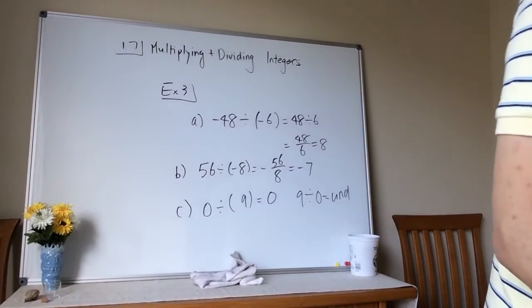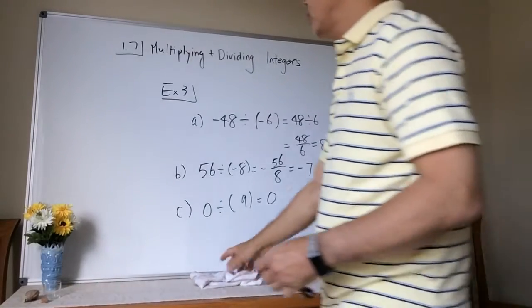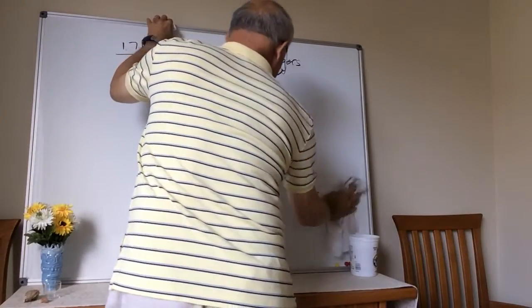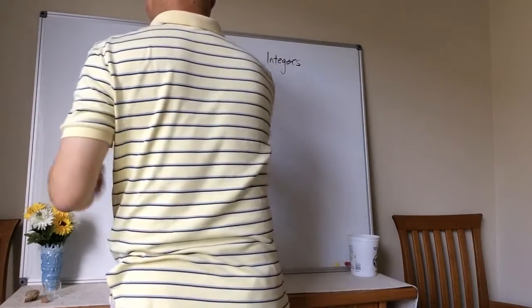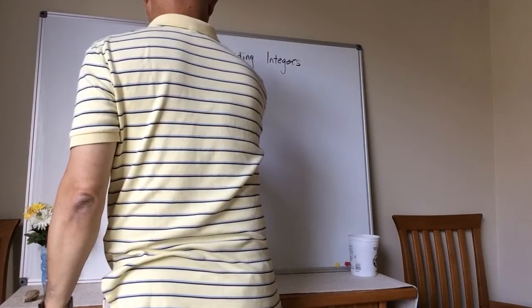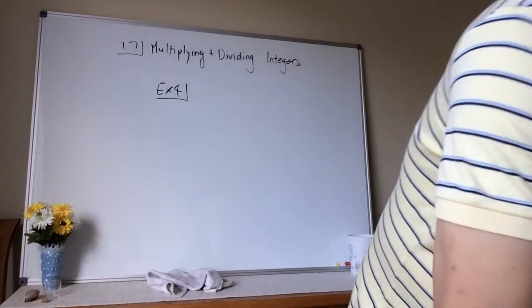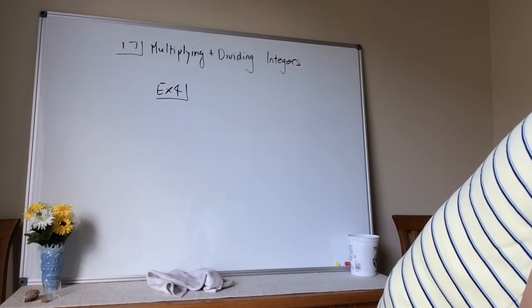Okay, flip the page, go to page 44, and let's do example number 4. We have Antarctic temperatures.